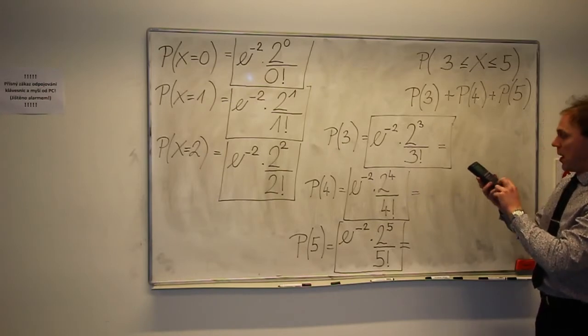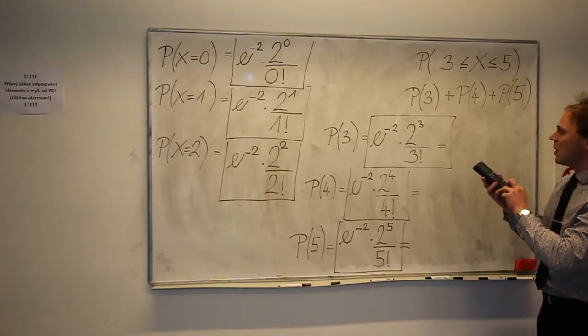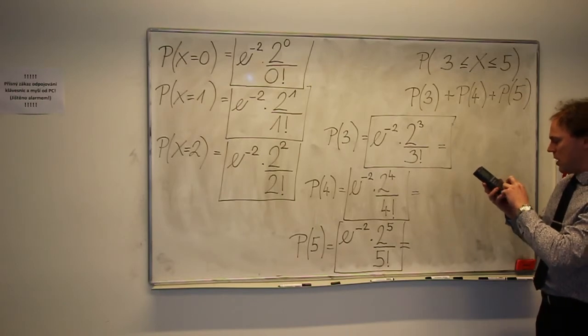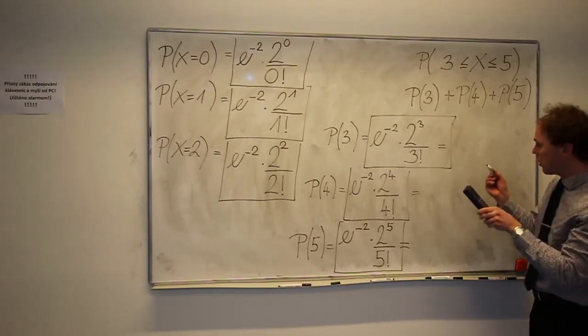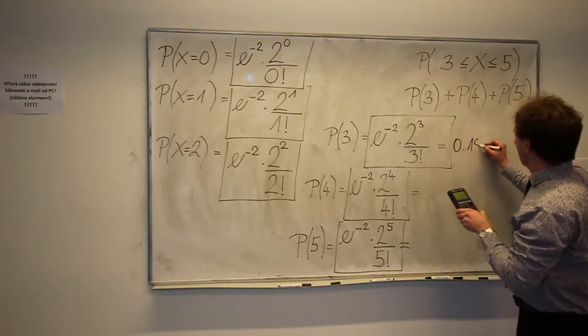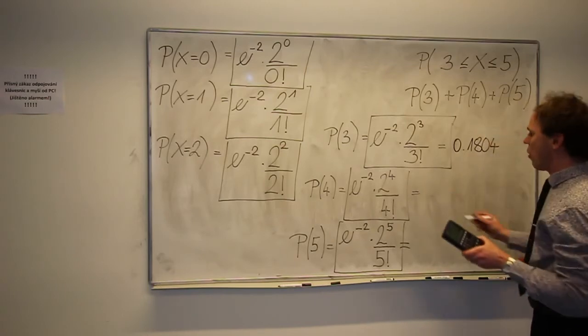Euler powered by minus lambda times lambda powered by 3 divided by 3 factorial. 0.1804. 0.1804 here.